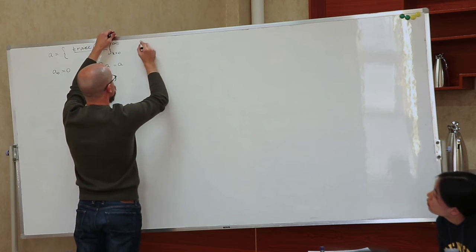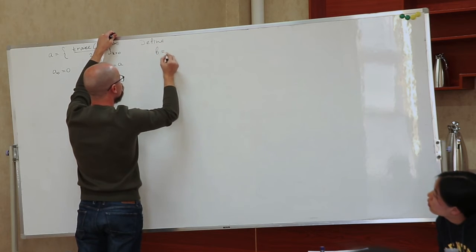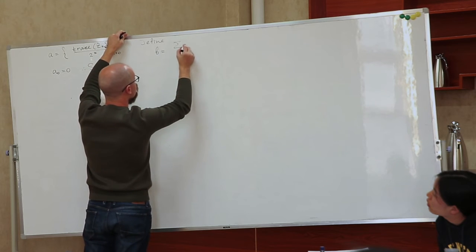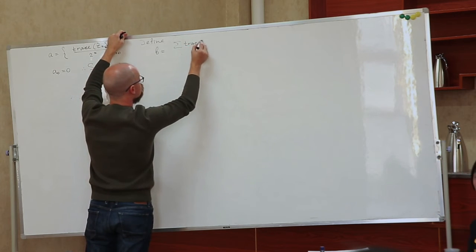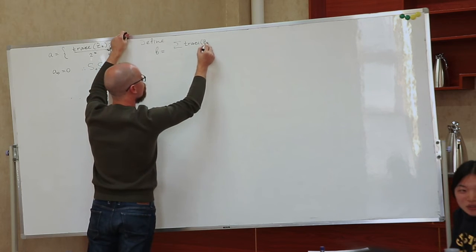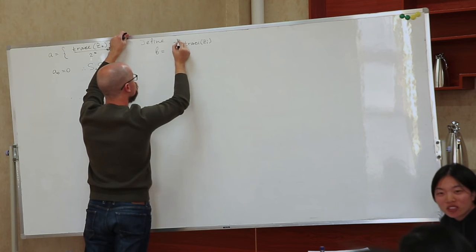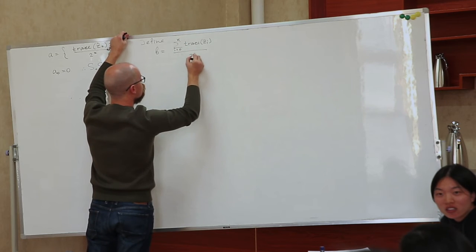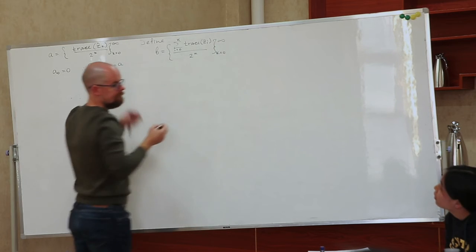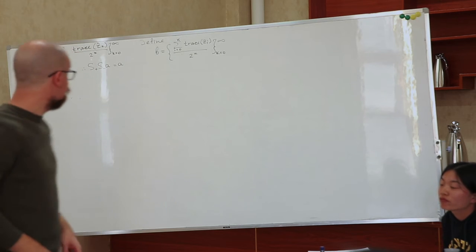Okay, let's also define the sequence B, which will be the sum of trace Z_i for i from 0 to k. The first one is zero, so it is as if it were not there. So that will be our auxiliary sequence.